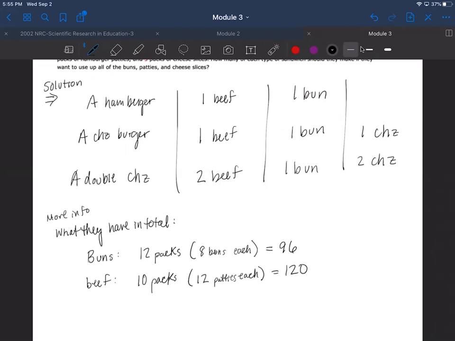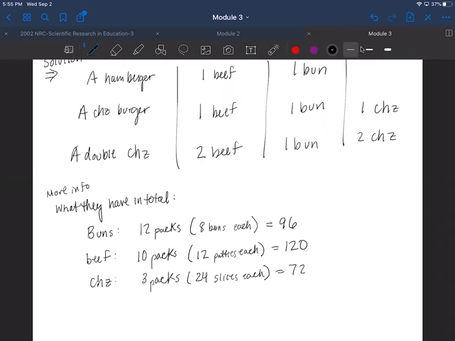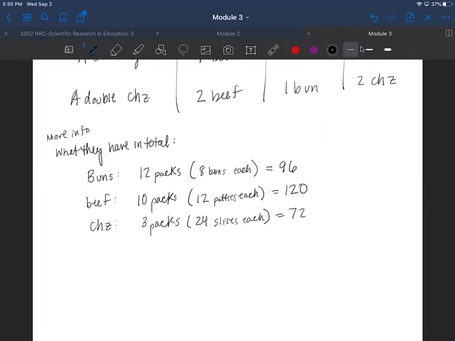And for the cheese, they bought 3 packs with 24 slices each, which gives us a total of 72 slices of cheese.